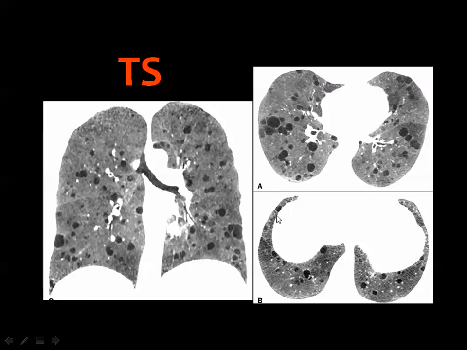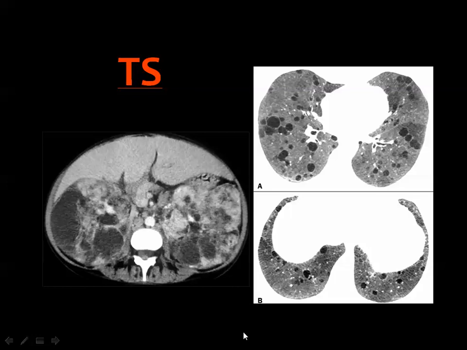And this is a case of multiple cystic lesions in a patient with tuberous sclerosis. If you know the clinical data of the patient, it's easy to reach the diagnosis. But of course, if you do not know the clinical data, this may simulate pneumocystis pneumonia, for example, if this is an HIV positive patient.